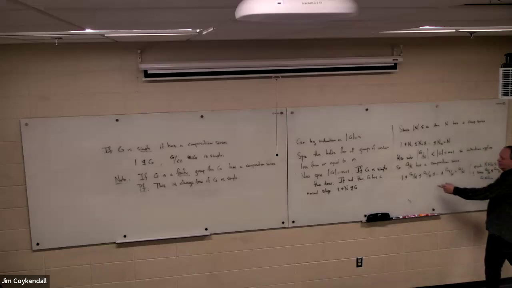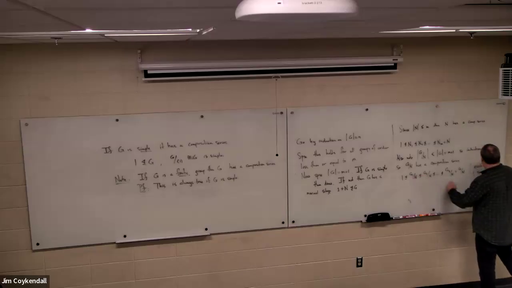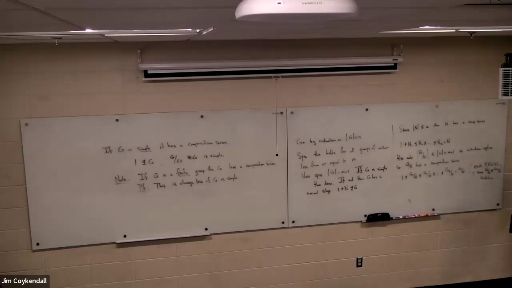And again, the third isomorphism theorem says that each Gi is successively normal in G.